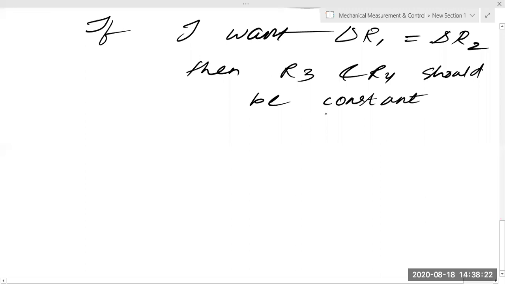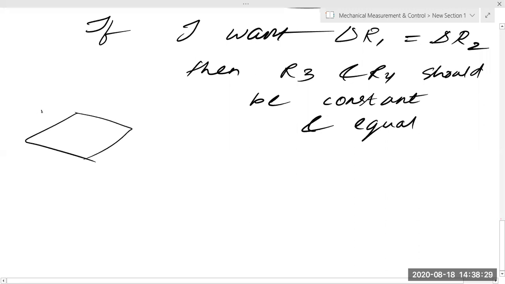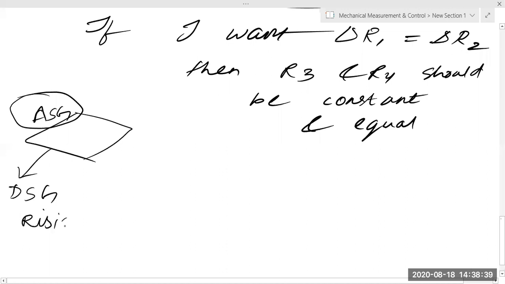Whatever you use in the bridge circuit, one resistance is the active strain gauge resistance, and this part is called the dummy strain gauge resistance. There is one dummy strain gauge and one active strain gauge resistance, and there are two resistances which are constant.